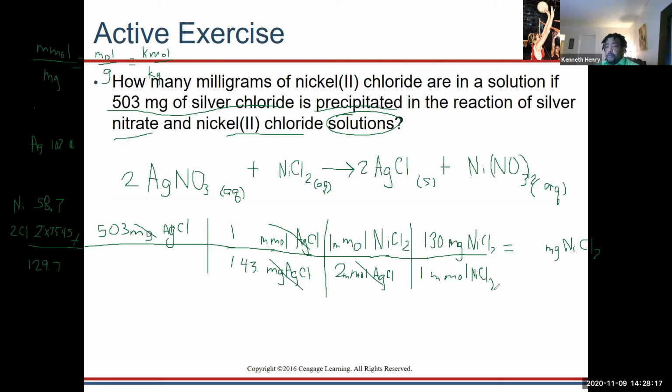Yeah, 228.64, because that's a 143 at the bottom, right? So how many sig figs? 3. So 229.